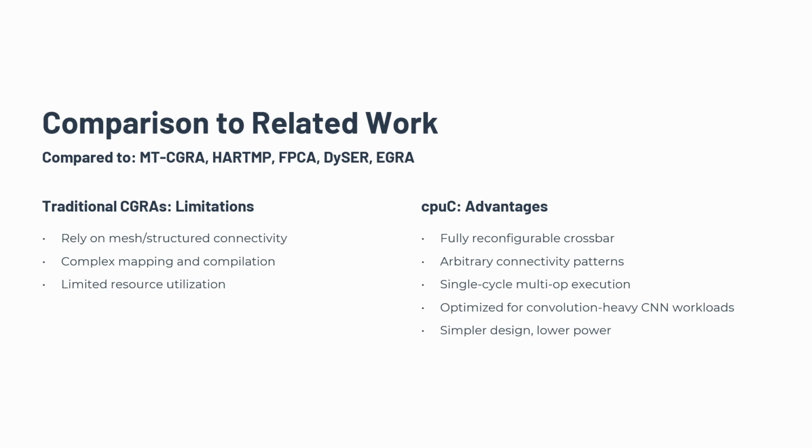There is a rich body of work on CGRAs, such as MT-CGRA, HeartMap, FPCA, LISER, and EGRA. Many of these architectures rely on mesh or column-structured connectivity and require complex mapping or binary translation techniques to achieve good utilization. cpuC distinguishes itself by using a fully reconfigurable crossbar and aiming explicitly at single-cycle execution of a large multi-operation instruction.